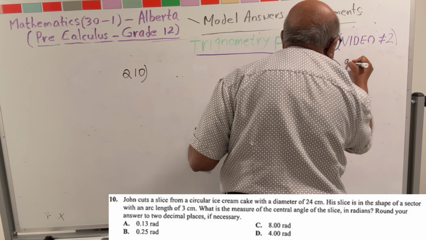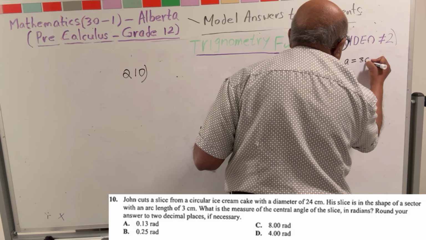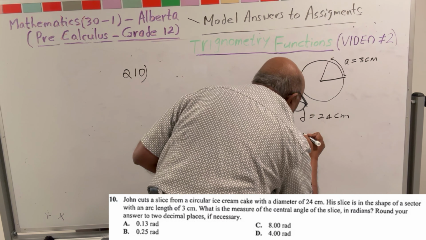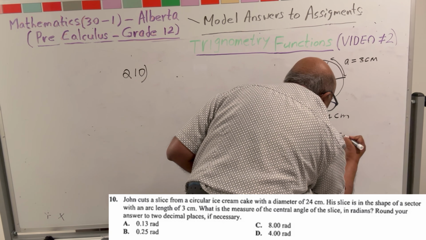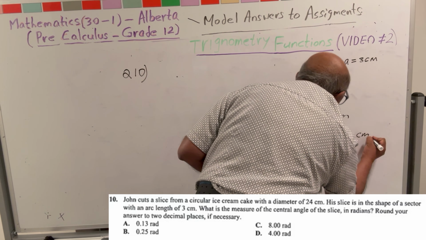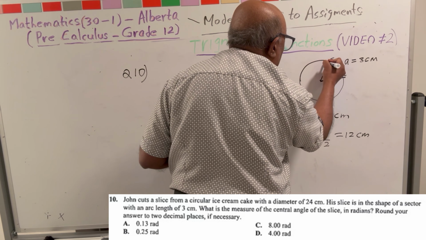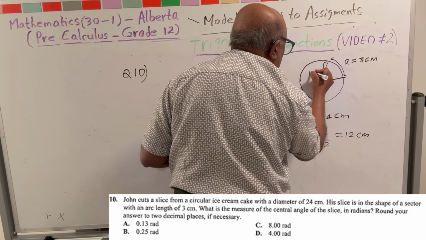Arc length A is equal to 3 centimeter. What's the radius? That is diameter divided by 2, 12 centimeter. Radius is 12 centimeter.